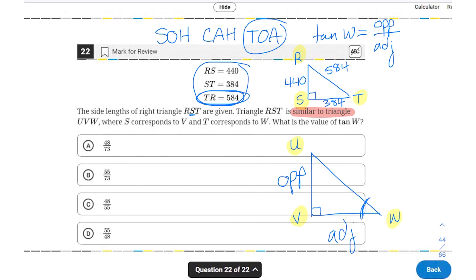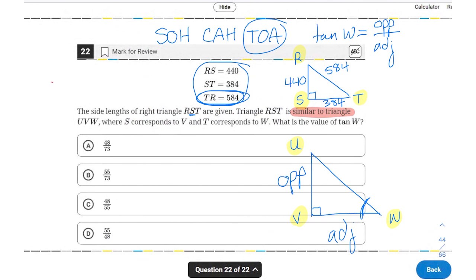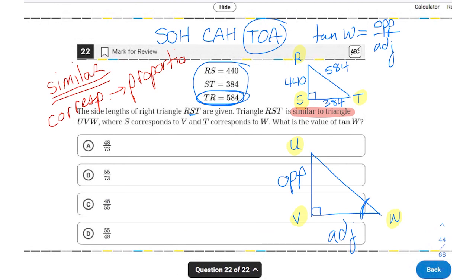When they say similar, think corresponding, proportional. That's what similar means.